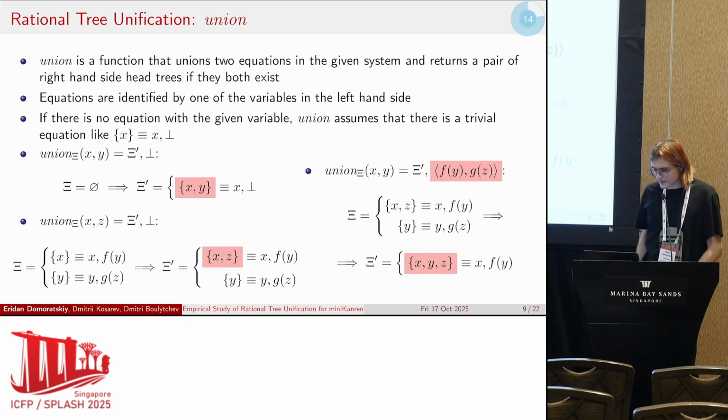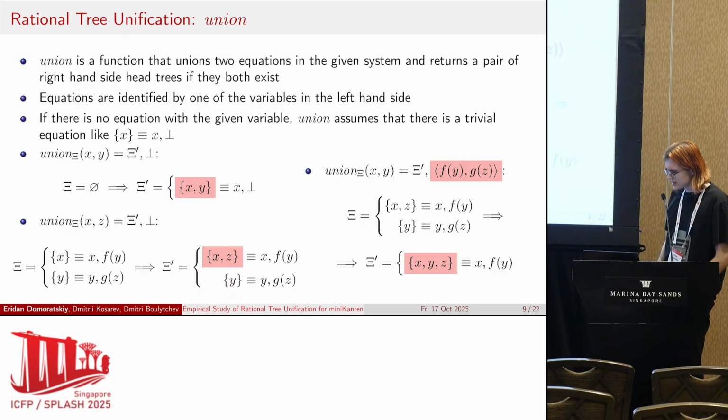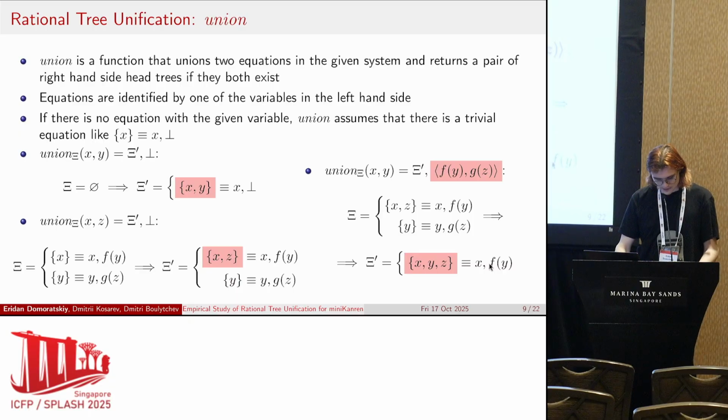And finally, if we need to union equations that both have an associated right-hand side head tree, like here we have f of y and g of z, we union them and preserve one of the right-hand sides, but return both right-hand sides as a result of union.